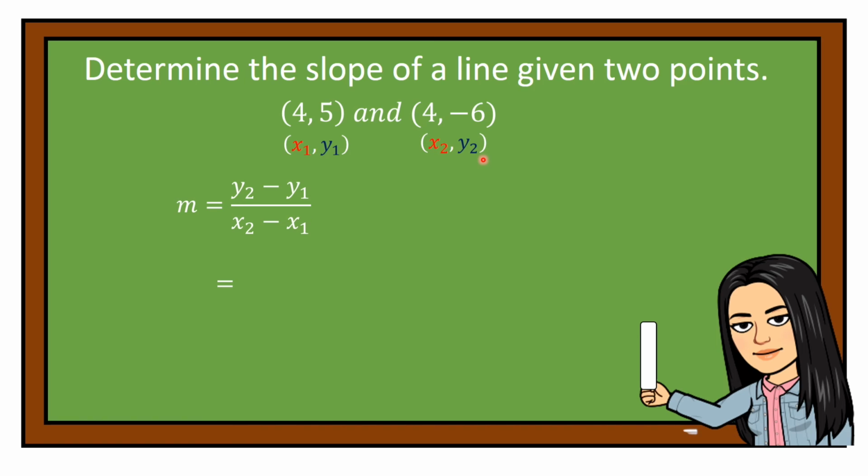So, that would be equal to, ang y sub 2 natin is negative 6 minus, ang y sub 1 naman natin is 5 over, ang x sub 2 is 4 minus x sub 1 is 4.